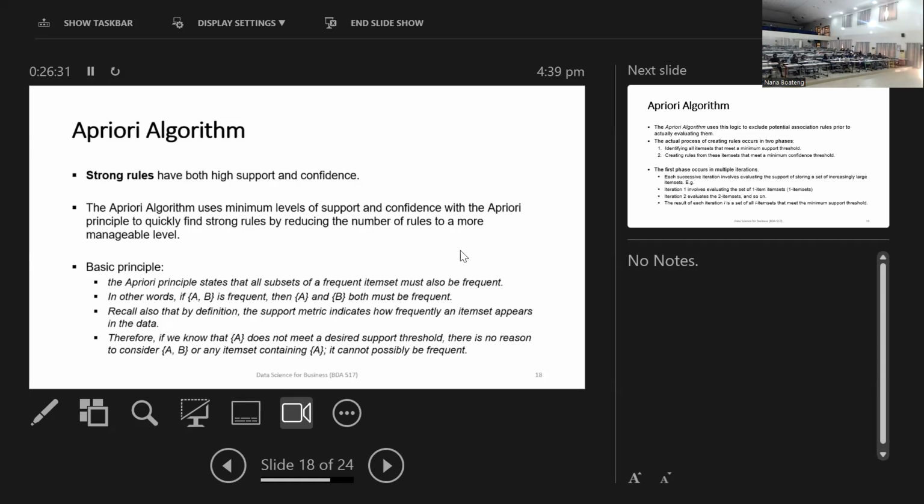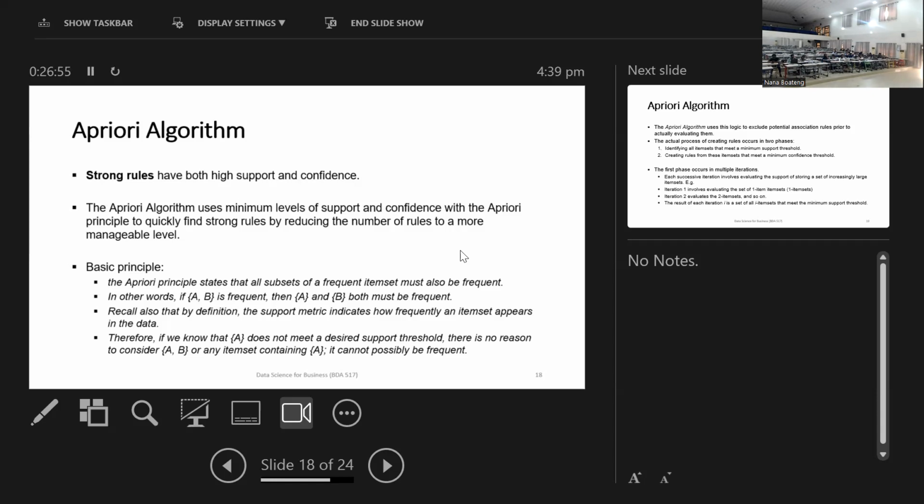So anything that involves A, it will not take. In other words, if A and B is frequent, then A and B both must be frequent. Recall by the definition that the support metric indicates how frequently an item appears in the data set. Therefore, if we know that A does not meet a desired support metric, there is no reason to consider A and B.